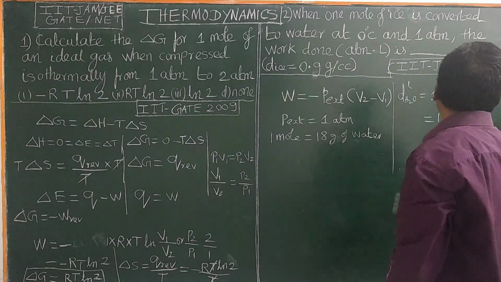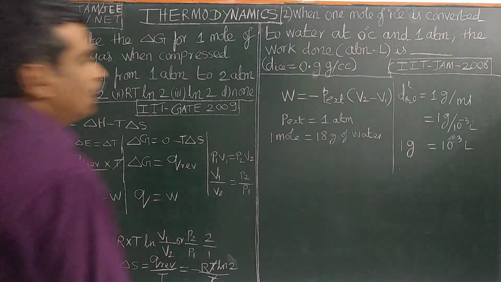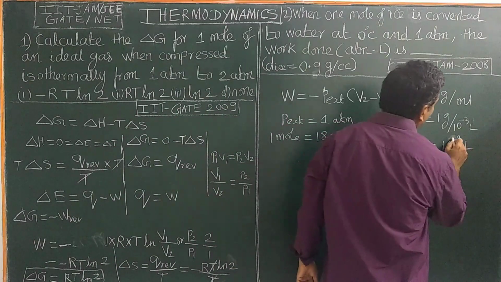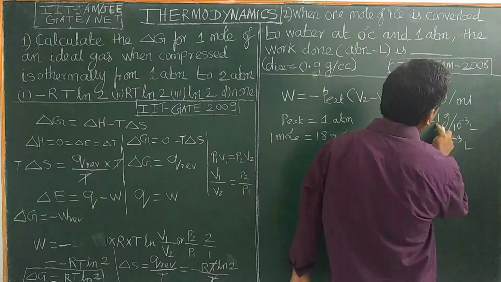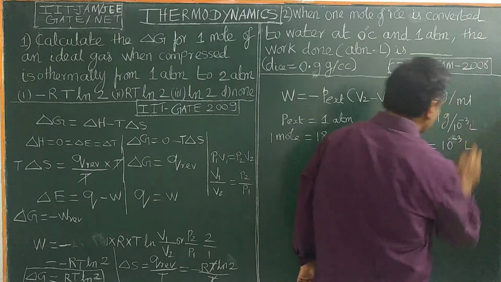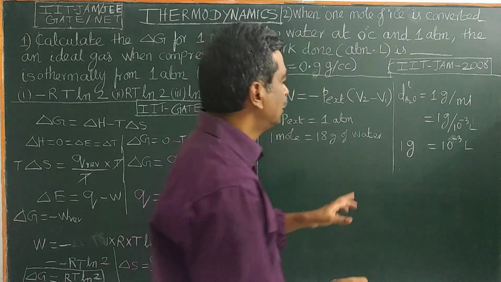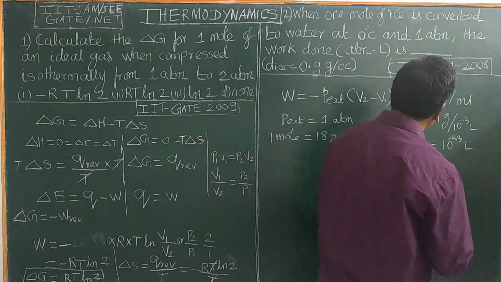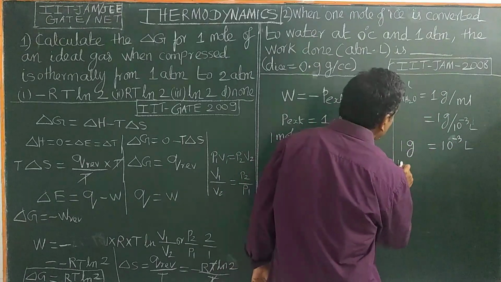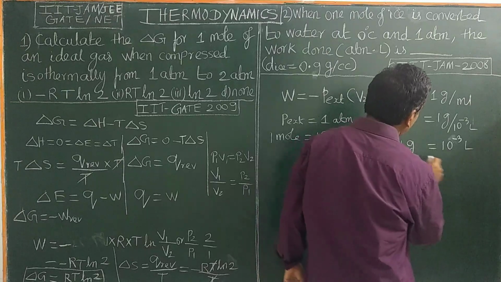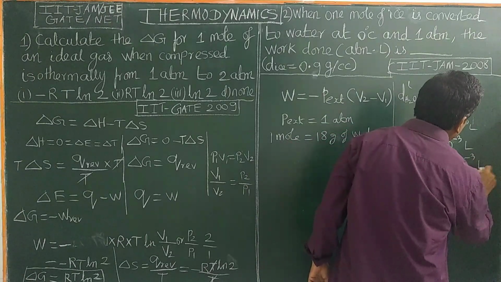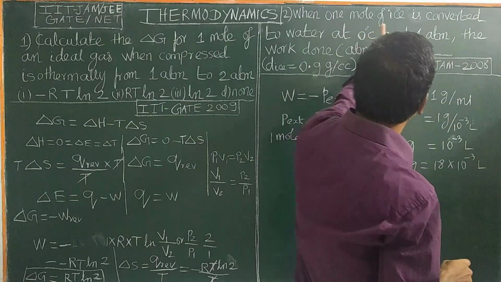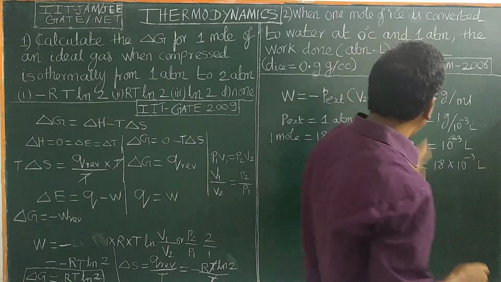Therefore, 18 gram equals 18 into 10 power minus 3 liter. So 1 mole of ice is converted to 1 mole of liquid water.